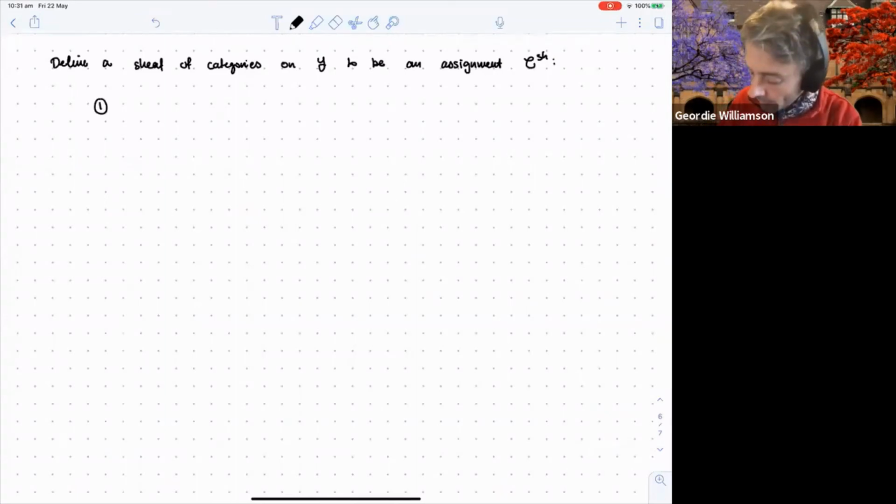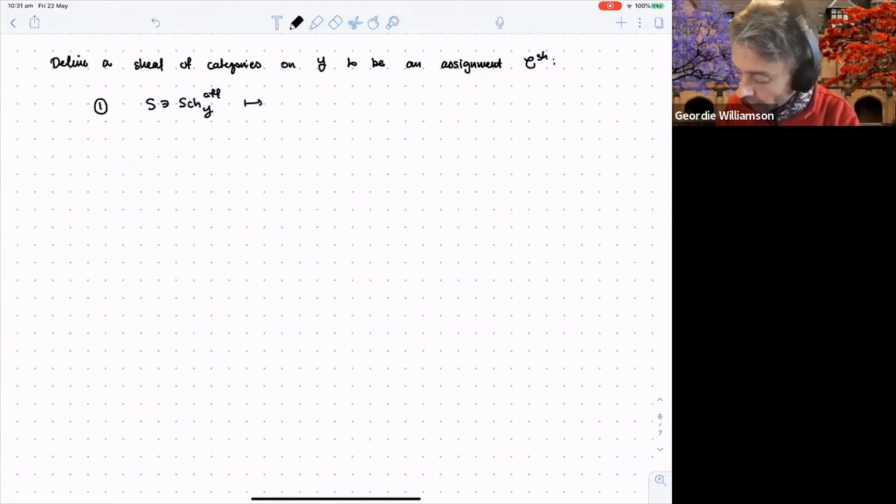To any affine scheme over Y, we associate an abelian category satisfying the assumptions, which is linear.